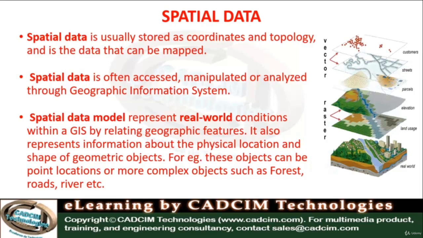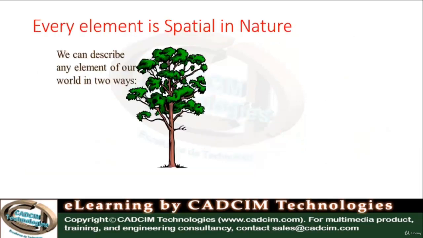Spatial data is the physical representation of the Earth's features. It represents the location, size, and shape of objects on the earth, that is, building, pond, mountain, administrative boundaries, roads, river, etc. As you know, every element is spatial in nature, so we can describe any element of the world in two ways.